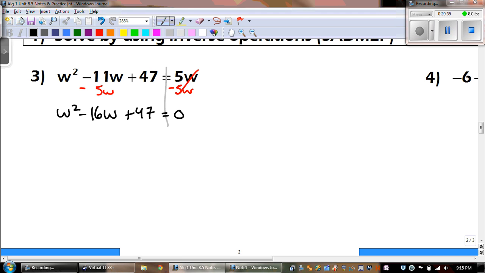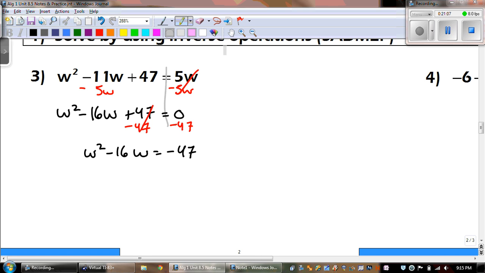So can we factor that? Are there any numbers that multiply to 47 and add to negative 16? No, there's not. All right, so we have to subtract 47 to both sides, and we get w squared minus 16w equals negative 47.